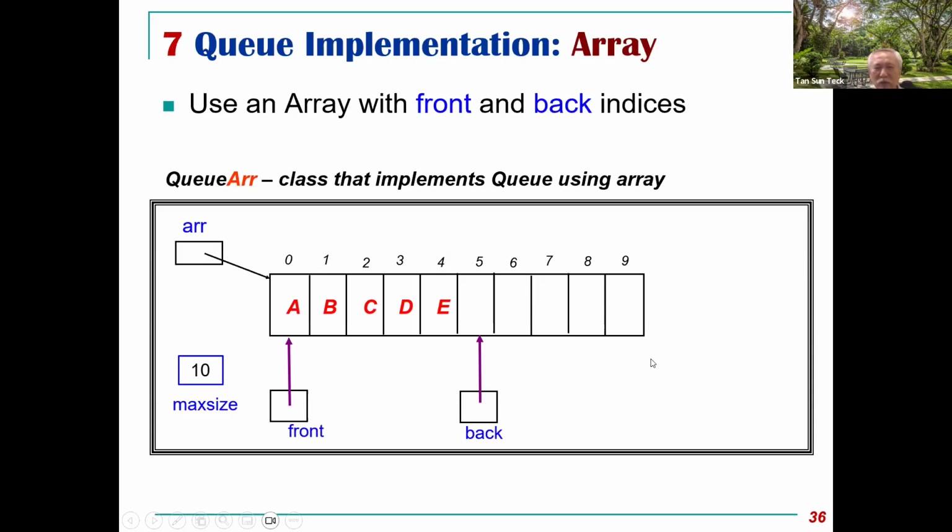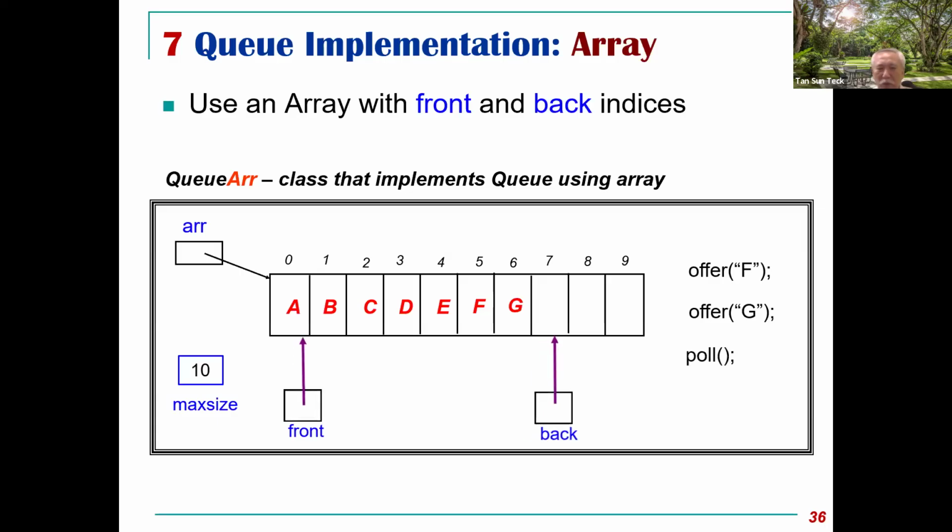At that moment, do you stop the queue and say, oh, I cannot do any more, or do you want to do something else? Okay, so you offer, you put it back. You offer G, you move back. You poll, you move past A, and then remove it.